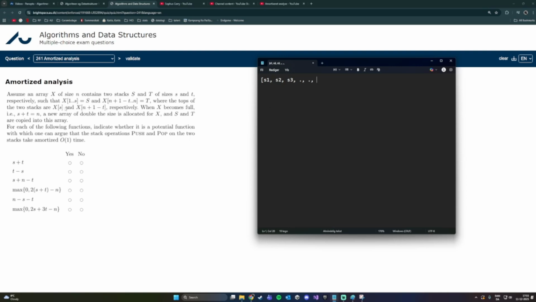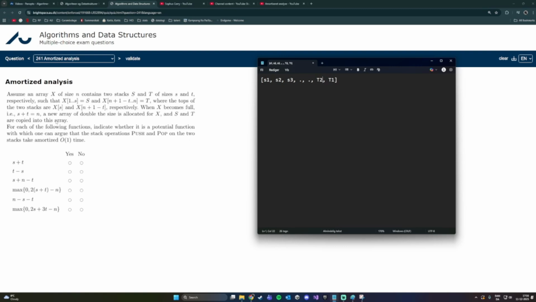The tops of the two stacks are at x_s and x_(n+1-t). So this stack is going in one direction, and the other stack is going in the opposite direction. So something like this.